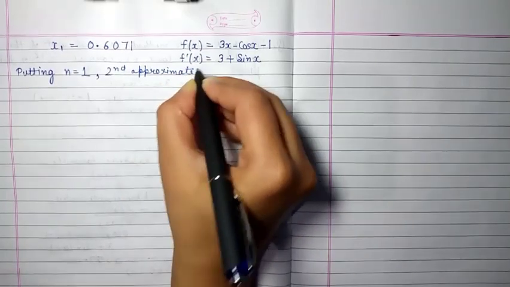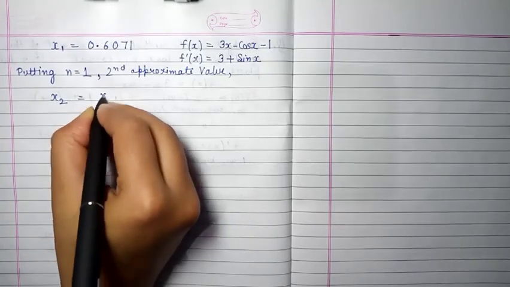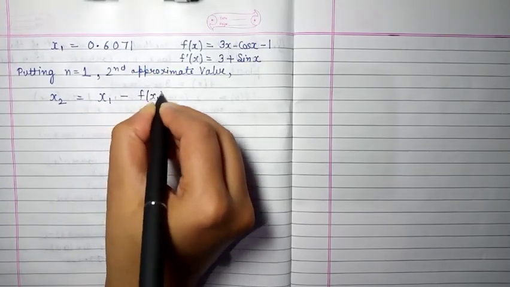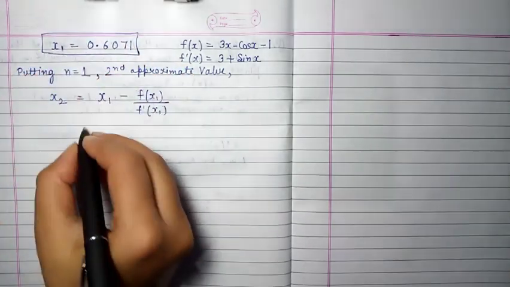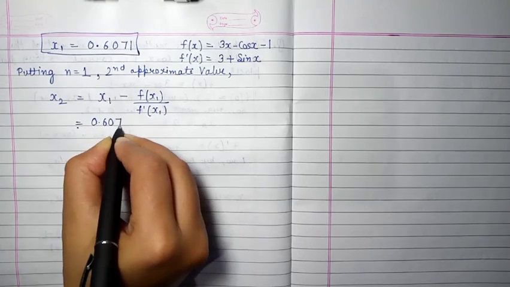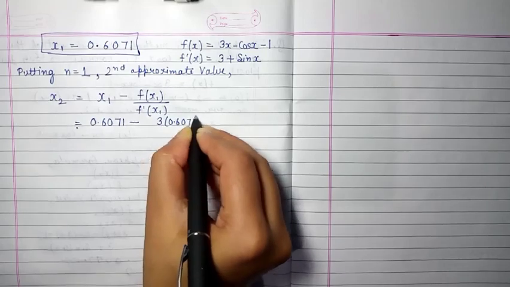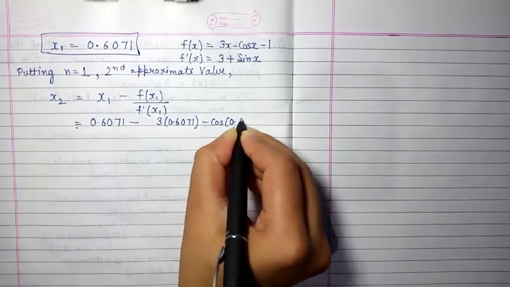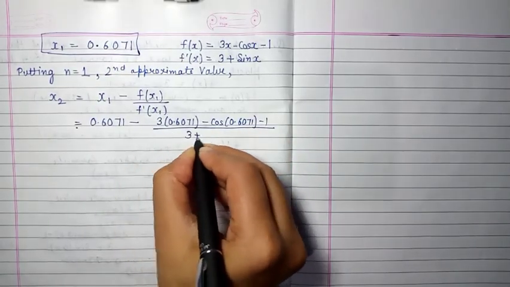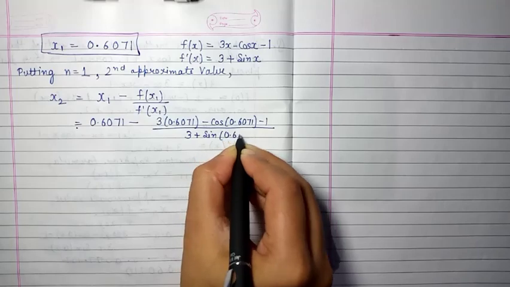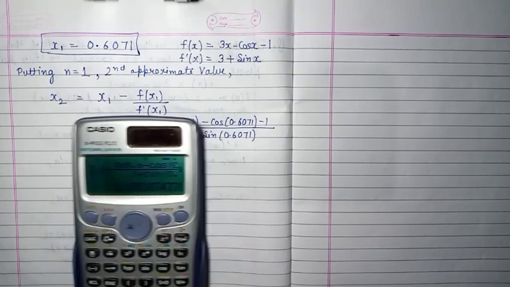According to the formula, x2 equals x1 minus f x1 divided by f dash x1, and my x1 value which we got earlier is 0.6071, so we put it here as 0.6071 minus 3 multiplied by 0.6071 minus cos 0.6071 minus 1, divided by 3 plus sine 0.6071.